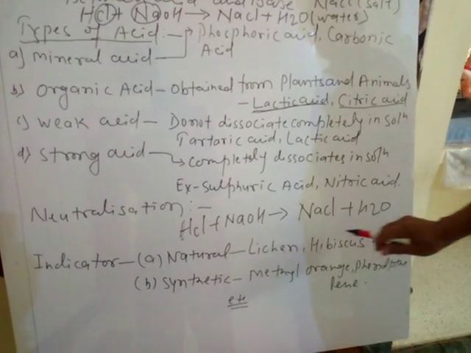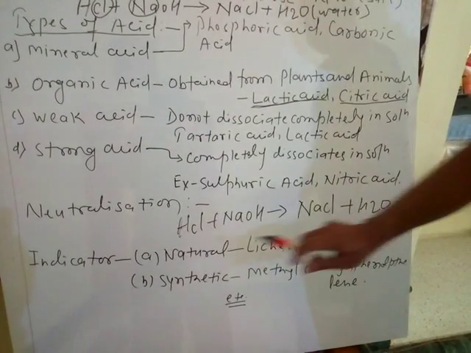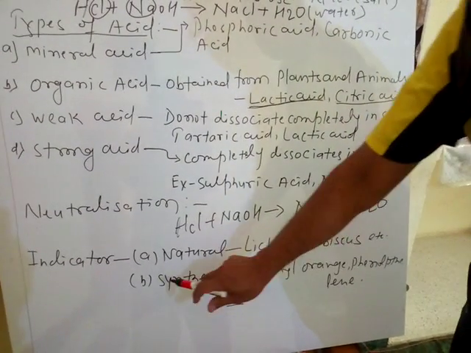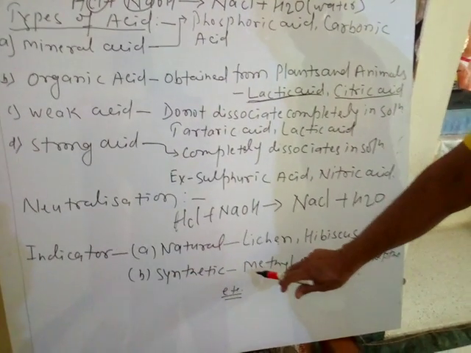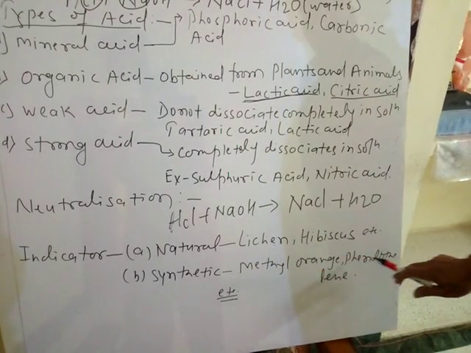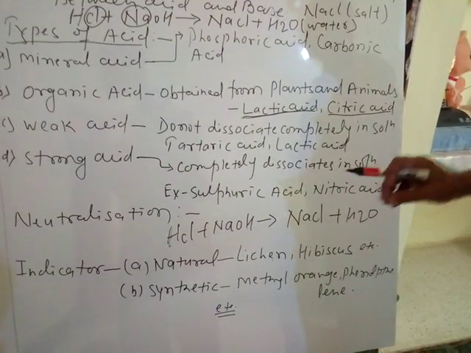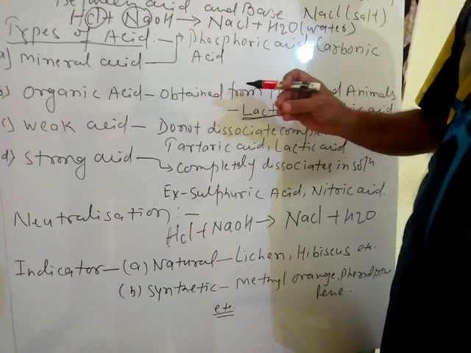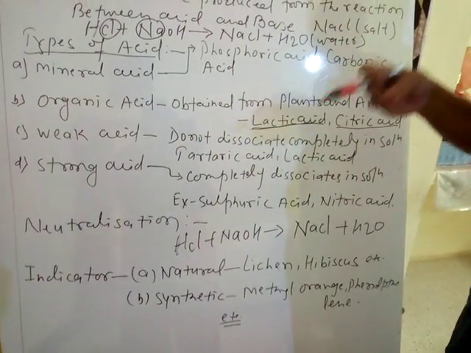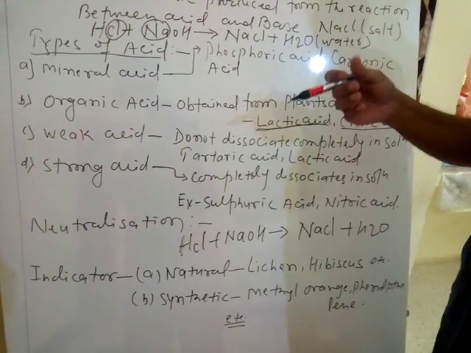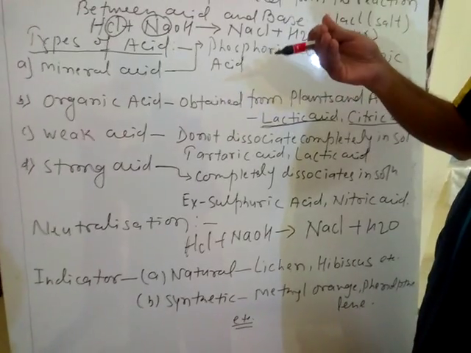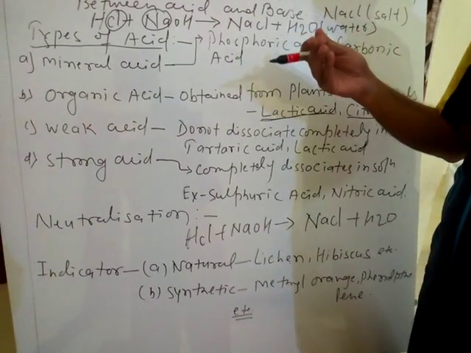So these 2 are the natural indicators, and second, that is synthetic or chemical indicators, that is methyl orange and phenolphthalein. These are the indicators which indicate the nature of the substance, and tell whether a substance is acidic or basic in nature. In the next slides we will discuss the base and the neutralization reaction. Thank you.